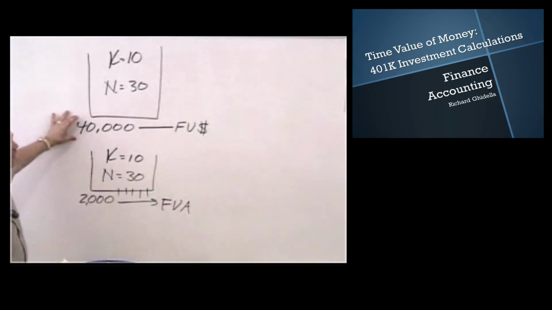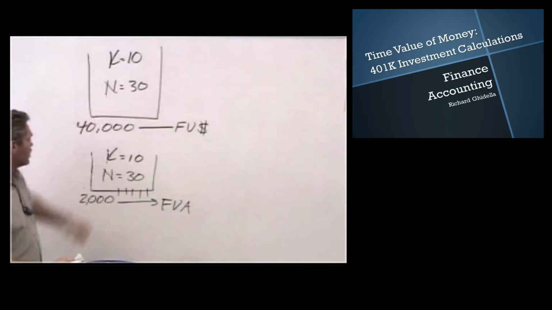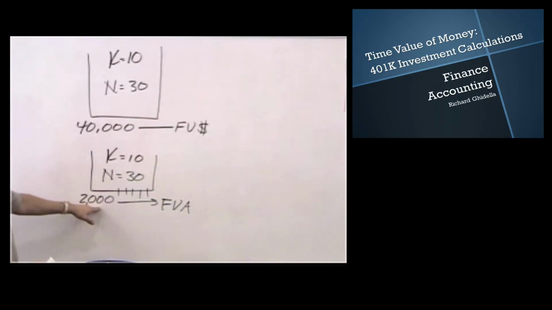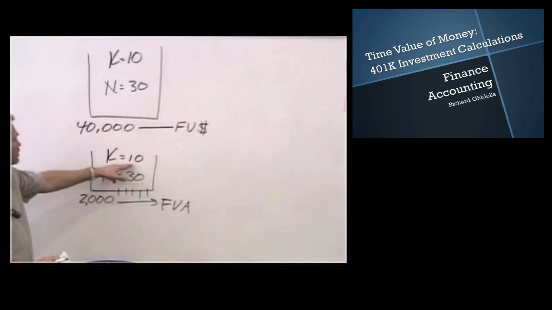Now, if our $40,000 was going to be in stocks at 10%, and maybe we were going to add $2,000 each year into a bond fund that earned about 6%, then we just change K here to 6%.